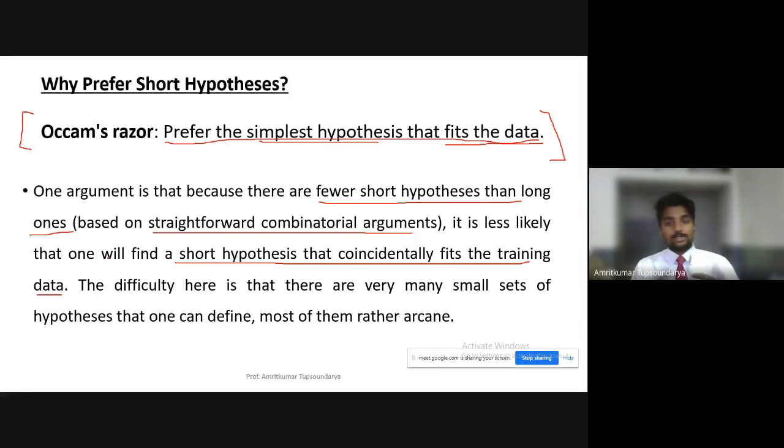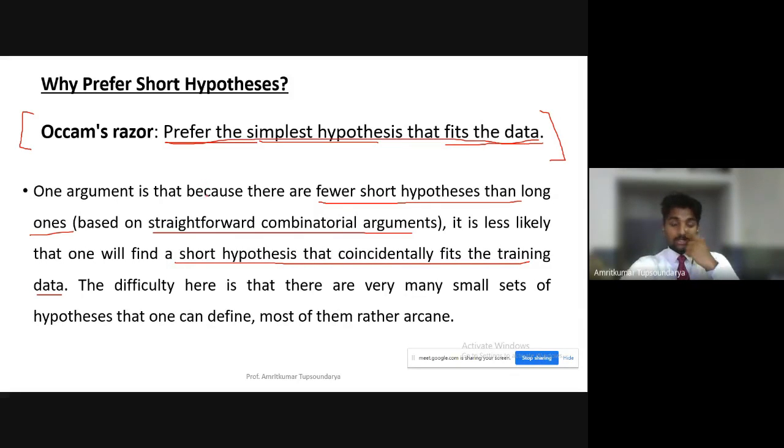We cannot understand what the hypothesis actually means. So that is one argument with respect to Occam's razor, which says prefer the simplest hypothesis that fits the data. Now the story doesn't end here.